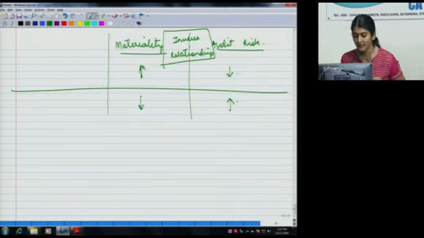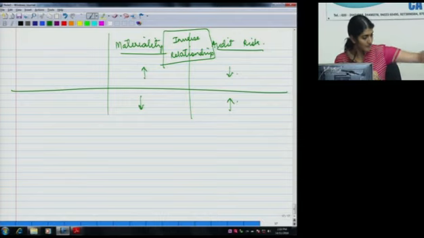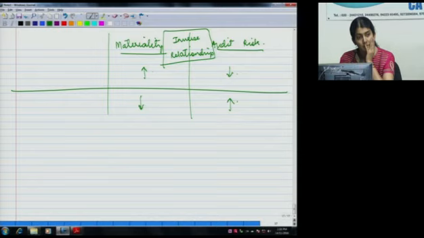Yes, please explain. Why is there an inverse relationship between materiality and audit risk? Whenever we fix our materiality at a very high level, we will check only high-amount transactions for misstatement, but there are more chances that misstatements are happening in low-amount transactions.